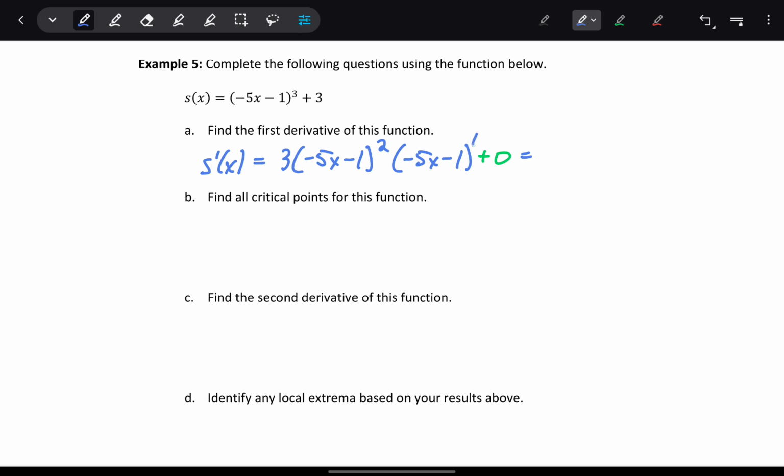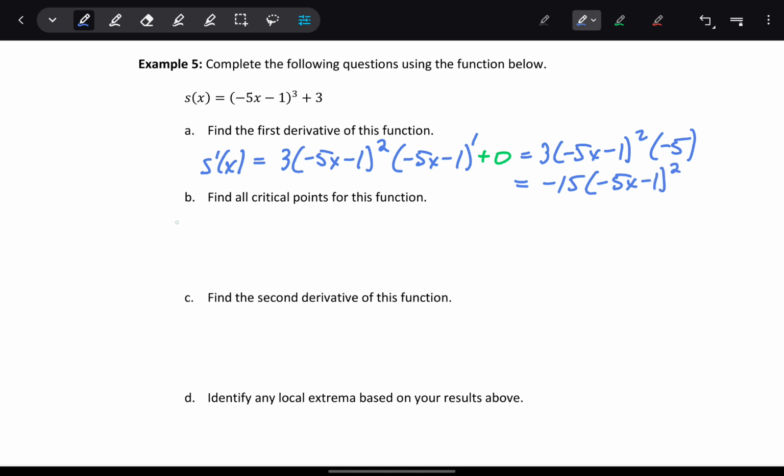So that should be the derivative. This will be 3 times negative 5x minus 1 squared times the derivative of negative 5x minus 1, which will be negative 5, giving us negative 15 times negative 5x minus 1, that quantity squared.